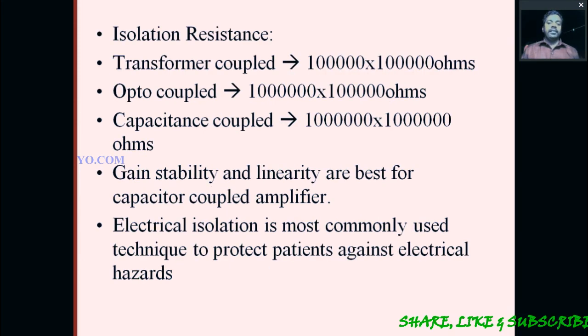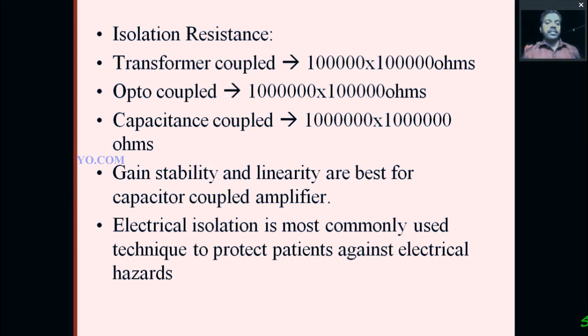Then isolation resistance, that is the resistance between input and output, or between the high voltage side and low voltage side. For the transformer coupled amplifier, it is 10 power 10 ohms. Already I told you the resistance between the input side and output side is not infinity, it has some resistance.